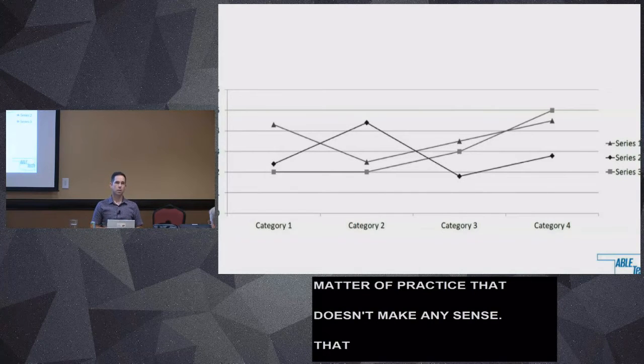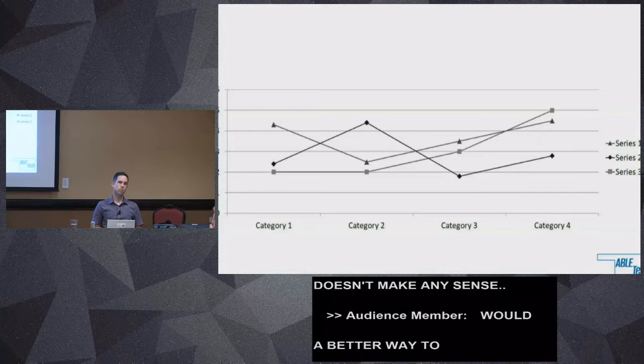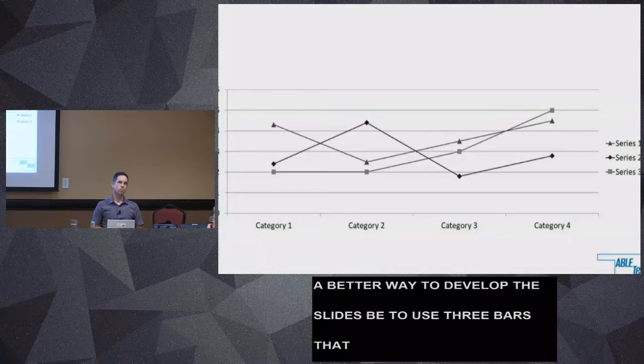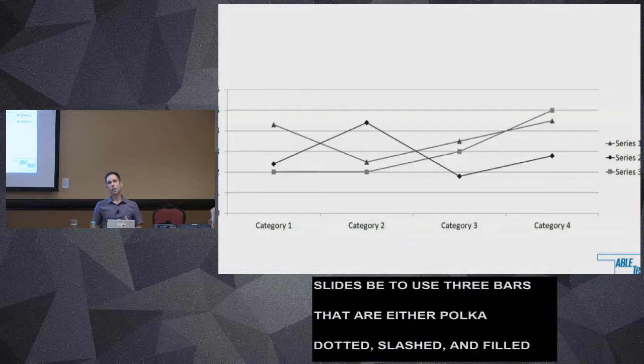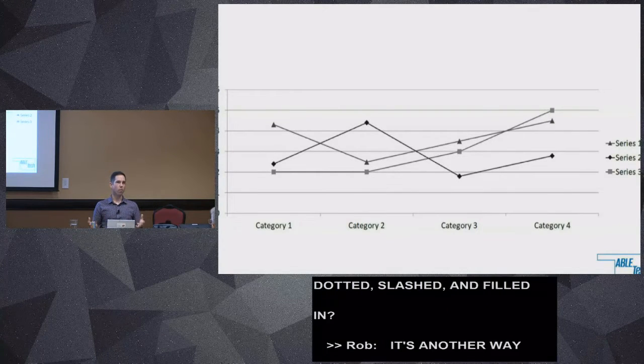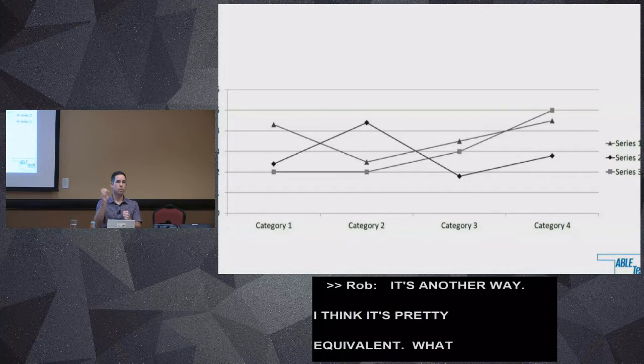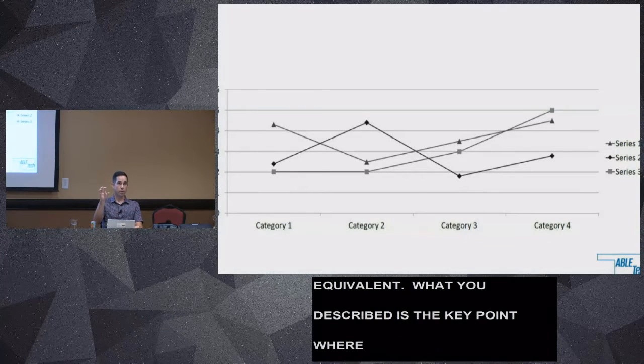Yes? Would a better way to develop the slides then be to use 3 bars that are either polka dotted, slashed, and then filled in? It's another way. I think it's pretty equivalent. You're changing the format, but what you described is still the key point, where you're using an obvious visual indicator.